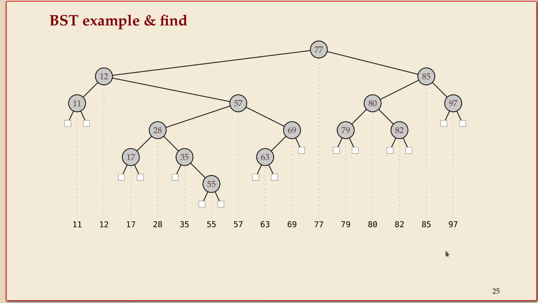In the computer, these are just pointers, and there's no specific way to lay them out. But if you draw them like this, most of the algorithms become really intuitive. So always do it like this. I wish all books would do it like this, but alas. So let's do an example of how you can find elements in this tree, say 69.